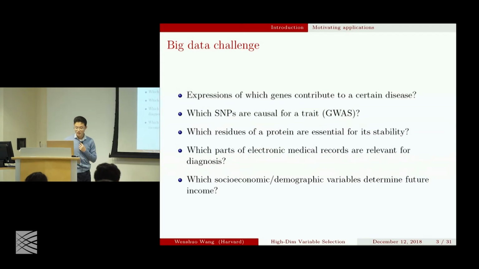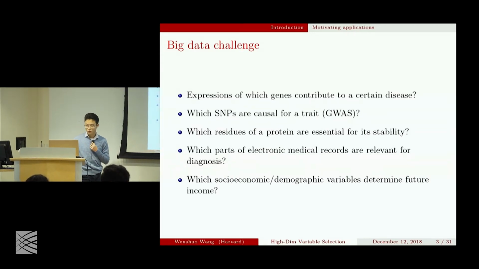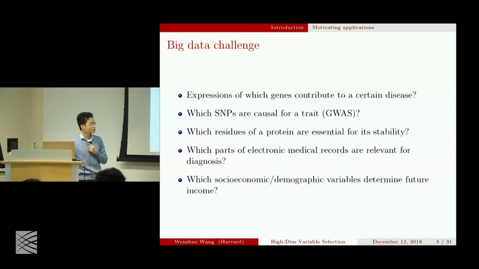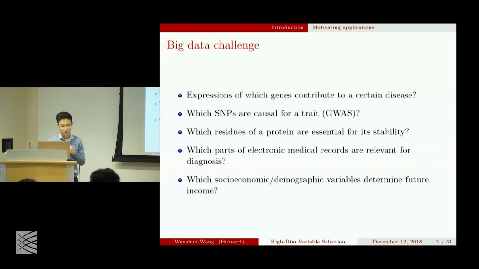And we recently got this problem that for a protein, some residues are more essential for the stability of the protein than the others, and you want to learn which one of them is actually essential. And also, in EMRs, some parts are just more relevant for diagnosis, and you want to identify those parts. And if you're a social scientist, you might care about what socioeconomic or demographic variables can affect future outcomes.